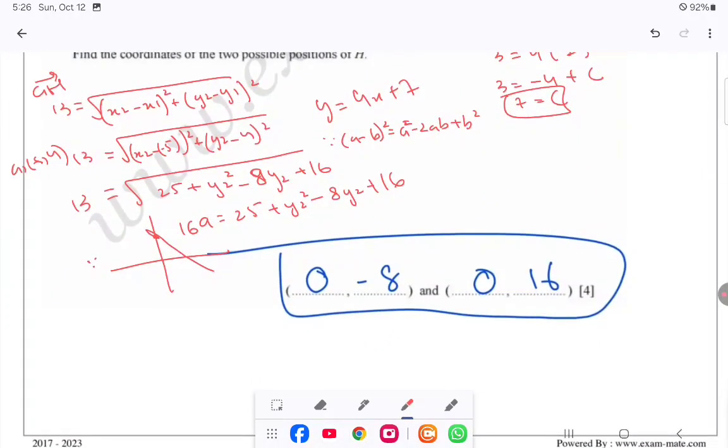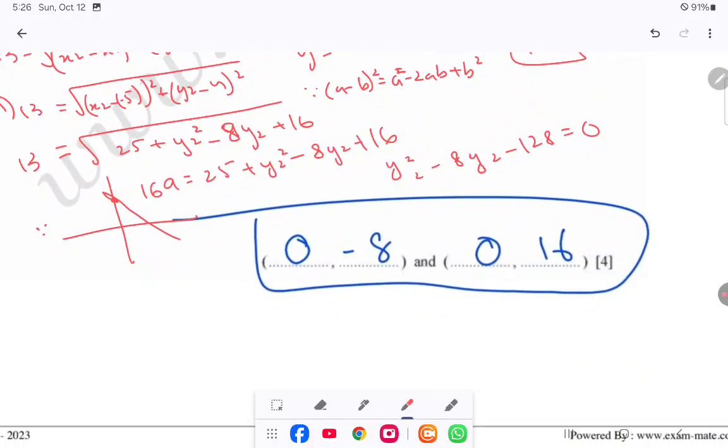Solve it further and we are left with y2 square minus 8 y2 minus 128 is equal to 0. Now we use the middle term break formula.